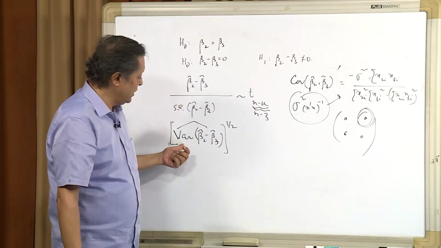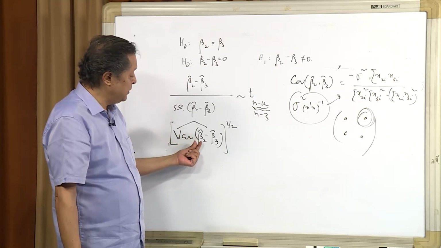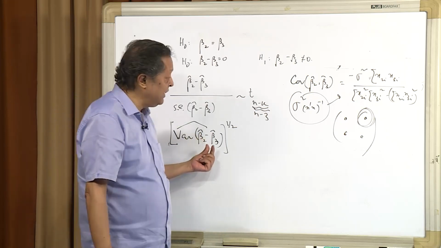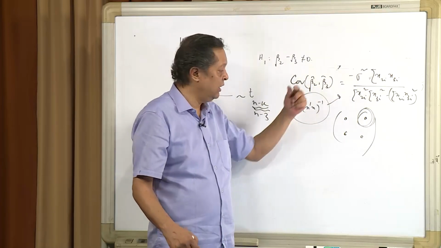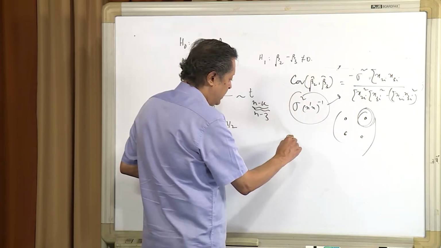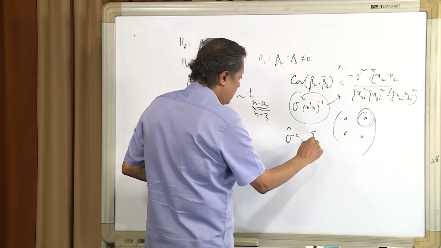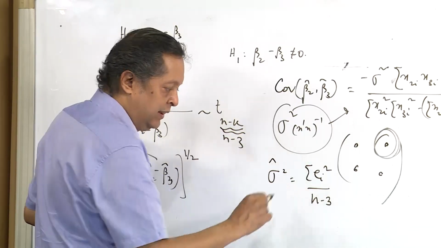So, what is the estimate of this? It is the estimate of variance beta 2 hat which we know, variance beta 3 hat which we know, minus twice covariance, that means plus twice this, and all along we should remember that sigma square hat is equal to summation ei square by n minus 3 in this case.